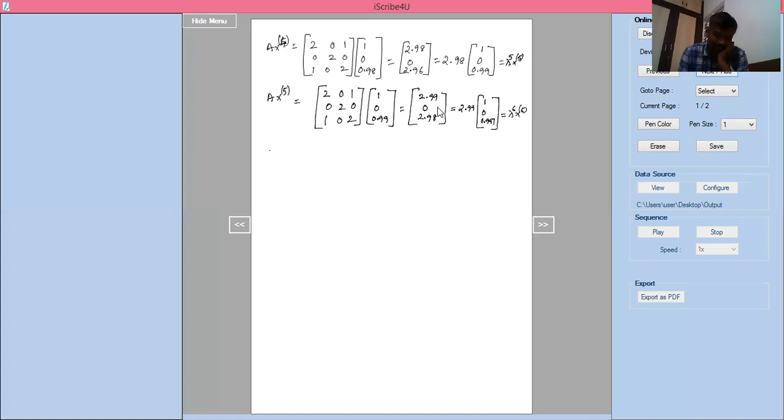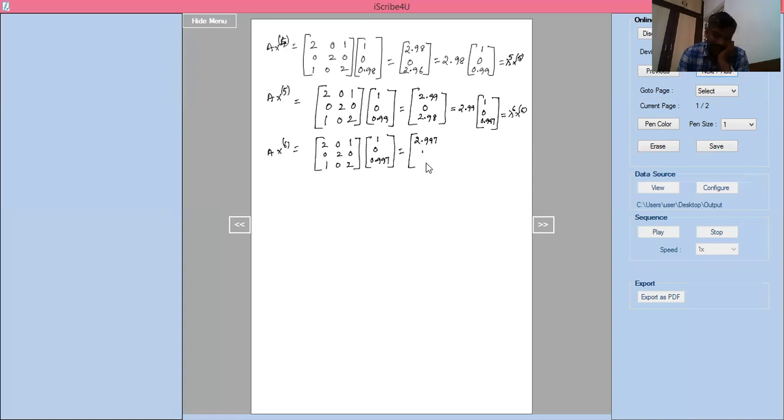Then similarly A x to the power of 6: 2, 0, 1, 0, 2, 0, 1, 0, 2 into x power 6, which is 1, 0, 0.997. If you multiply, 2 into 1 plus 0 into 0, plus 1 into 0.997, simplified is 2.997.